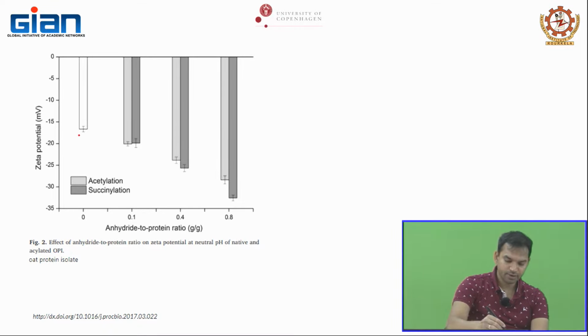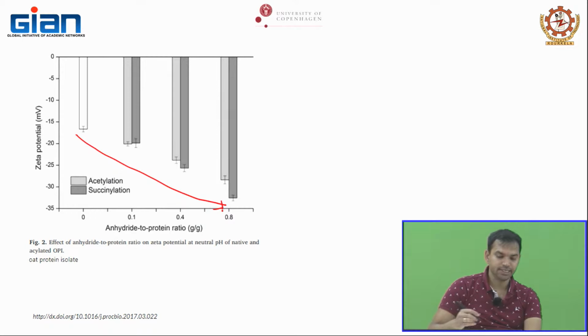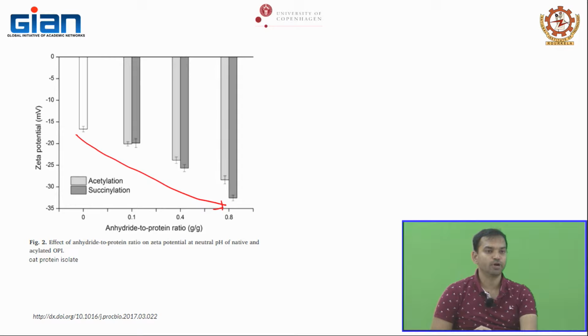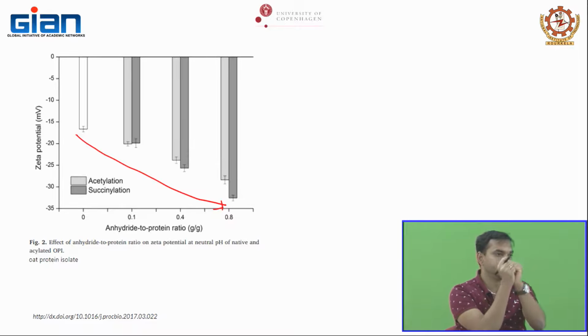And here is a good example that shows how the zeta potential is changing. You are getting more and more negative charge on the surface, right, and that indicates that you are changing the protein solubility, you are changing the pI of the protein, you are also changing the particle size, because depending on the charge they interact with each other, they attract or they repel, and that will change the functional properties.